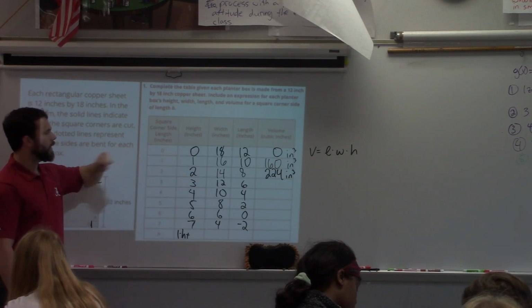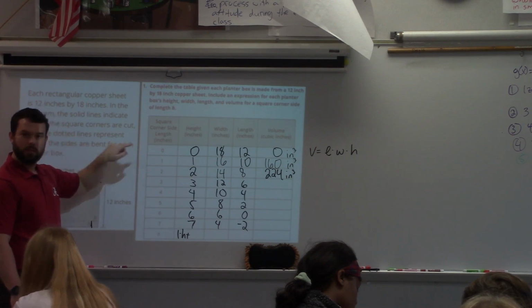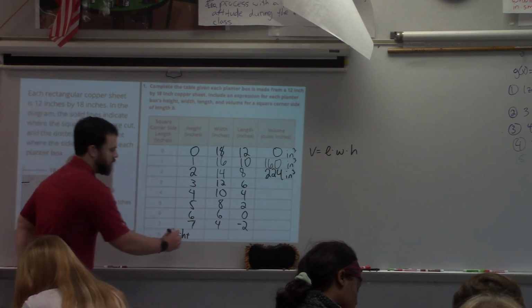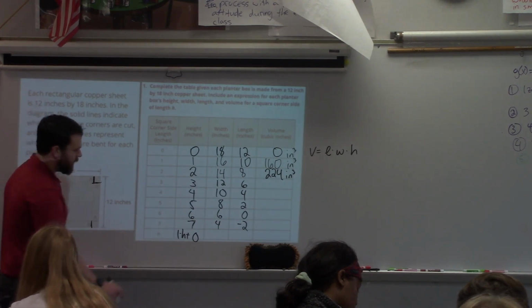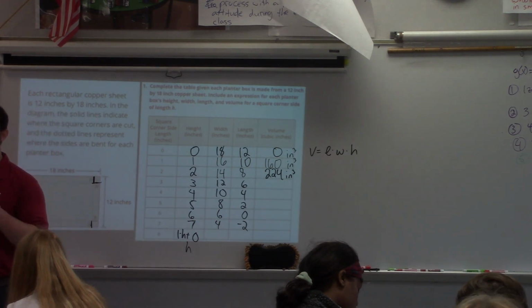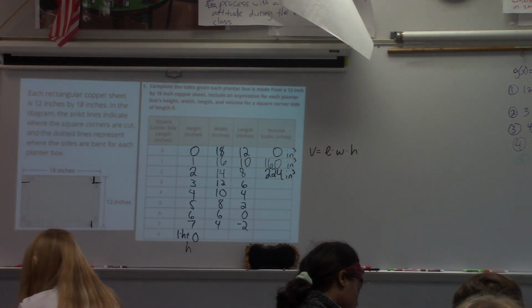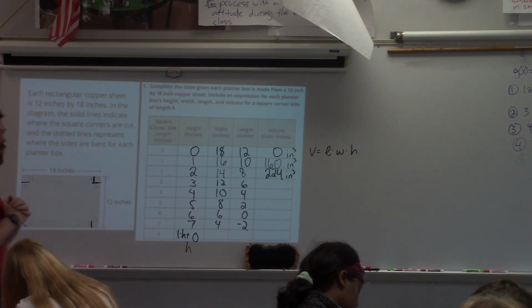What's the y-intercept for that height column? 0, so it'd be 0. We can also just write that then as h. So you can do 1h plus 0 using that y equals mx plus b idea. The square corner length and the height are always the same, so it's just h.